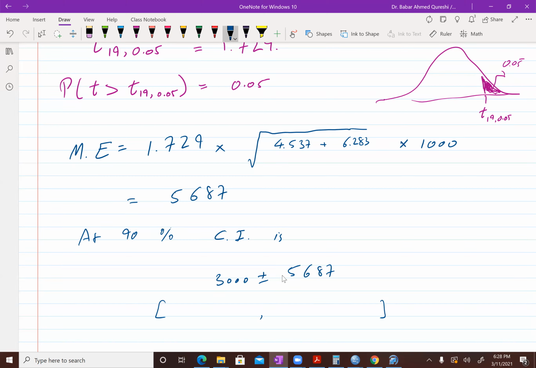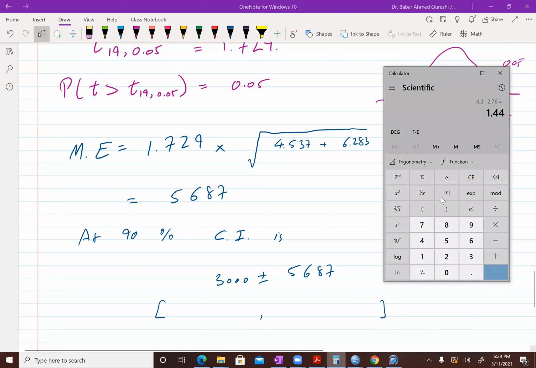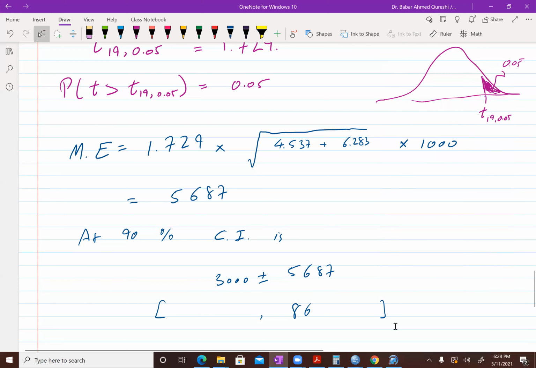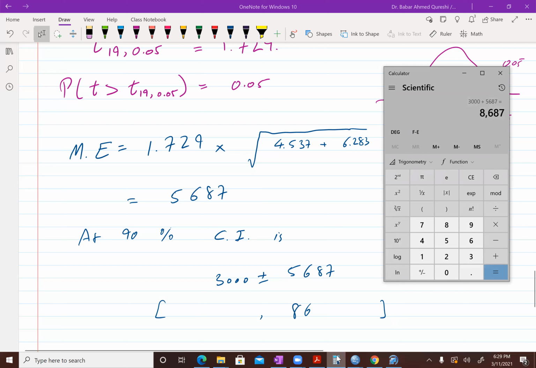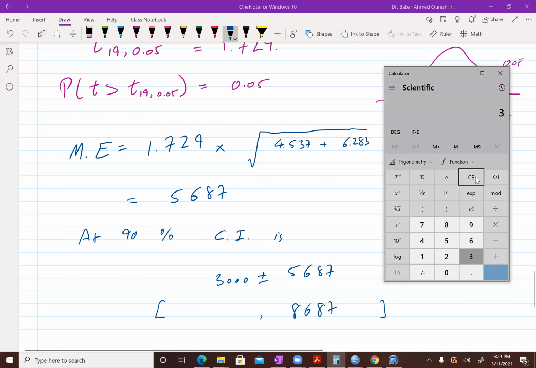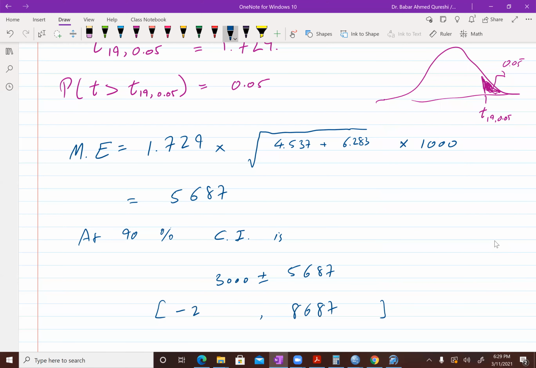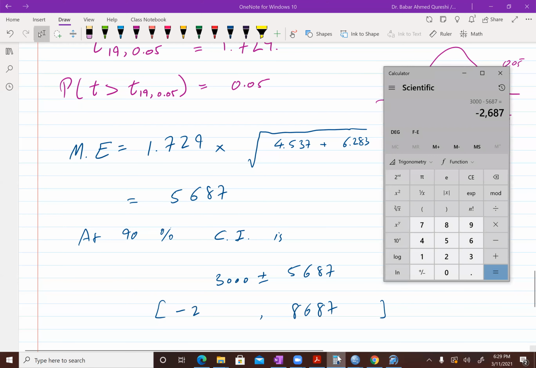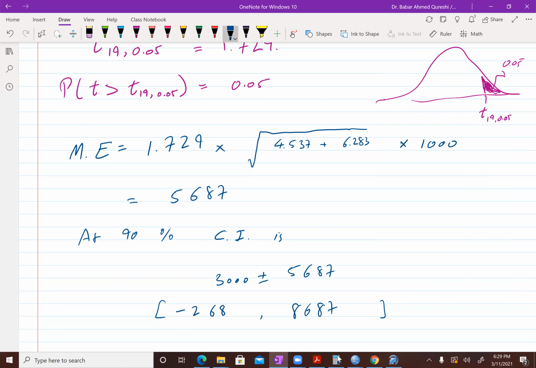So the difference between them could be, with 90% chance, anything between -2687 and 8687.